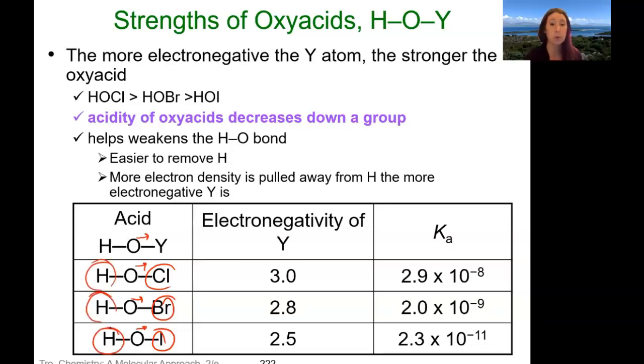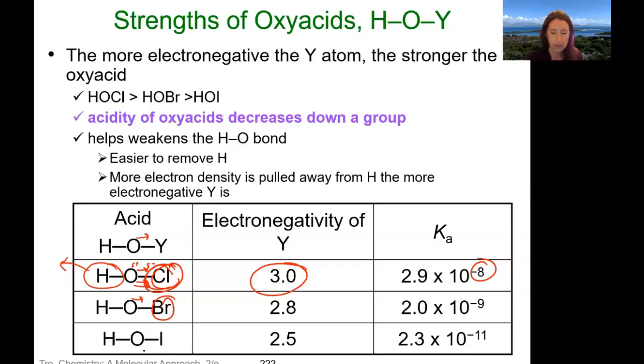So if the hydrogen is more exposed, that means it's easier to pull apart, right? For example, the most electronegative element of these three is chlorine. So chlorine is more electronegative than oxygen. So it's pulling the oxygen's electron density over here, which is making it easier to remove this hydrogen, right? And so that's why it's a stronger acid.